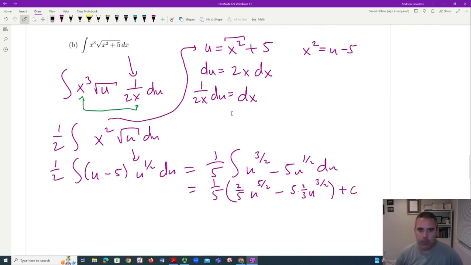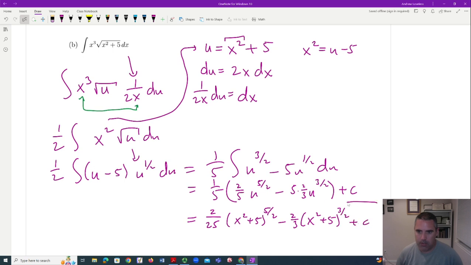And then our final answer, we'd replace u. So if I was doing this, I would simplify it. I would say 2 over 25, distributing the 1/5. I'd have x squared plus 5 to the 5/2 minus those 5's cancel, and so you just get 2/3 x squared plus 5 to the 3/2 plus c. Done. So let's take a look at that one.